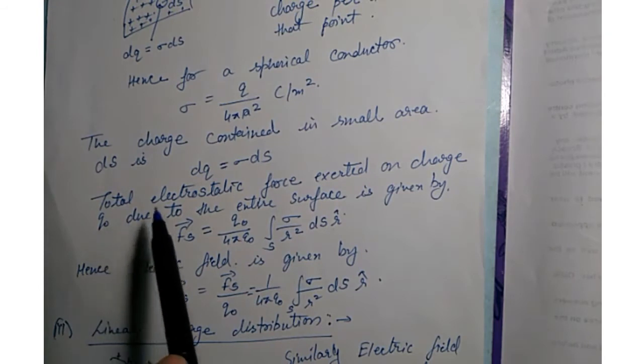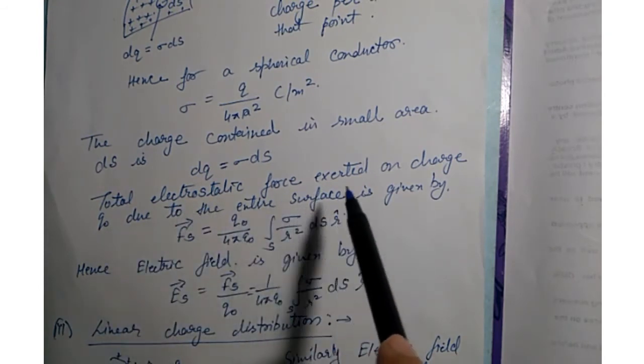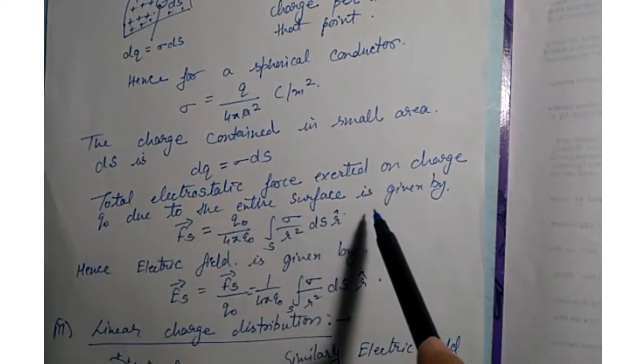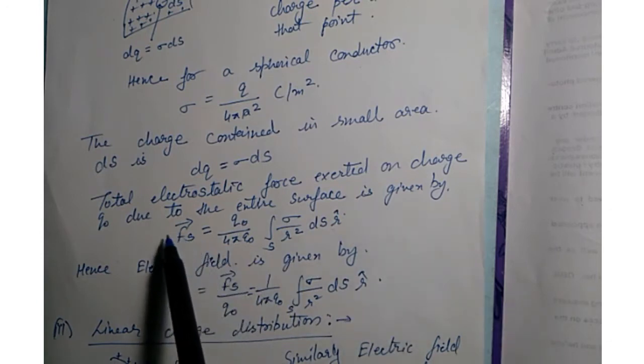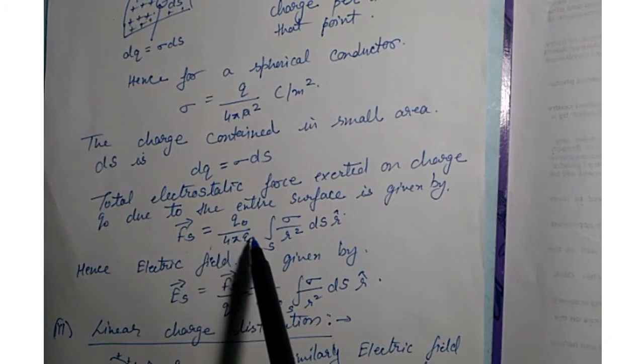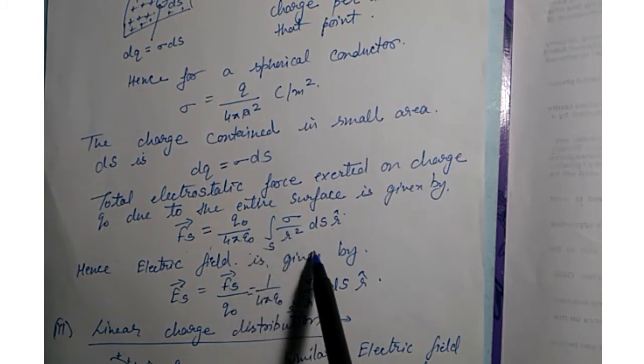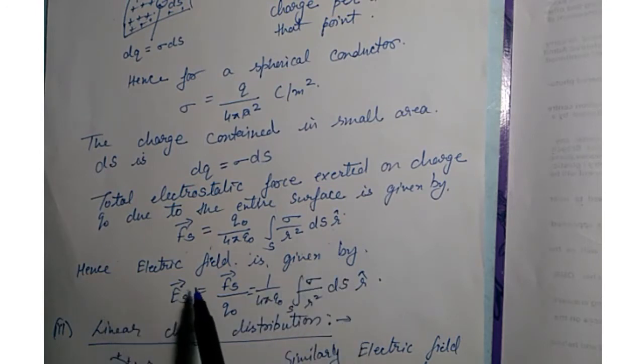Therefore, the total electrostatic force exerted on charge Q naught due to the entire surface is given by F, the force over the surface, equals Q naught upon 4 pi epsilon naught integration over the surface sigma upon r square dS r unit vector, and hence the field is force upon the charge, and that equals 1 upon 4 pi epsilon naught integration over the surface sigma upon r square dS r unit vector.